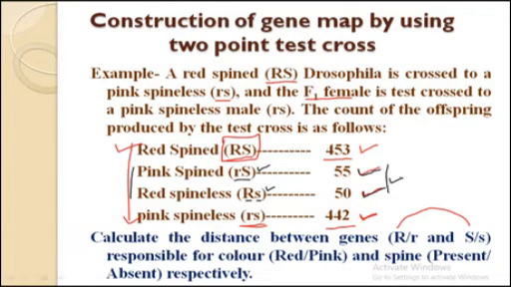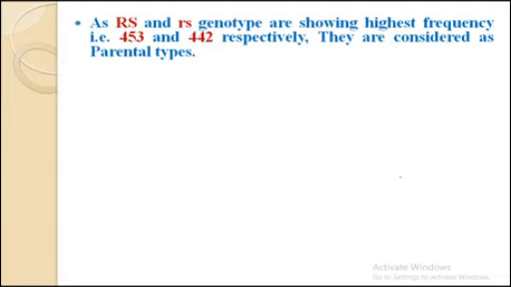In this way we can identify which are the parental types and which are the recombinant types. Now, as capital R capital S and small r small s genotypes are showing the highest frequency, that is 453 and 442 respectively, they are the parental types.